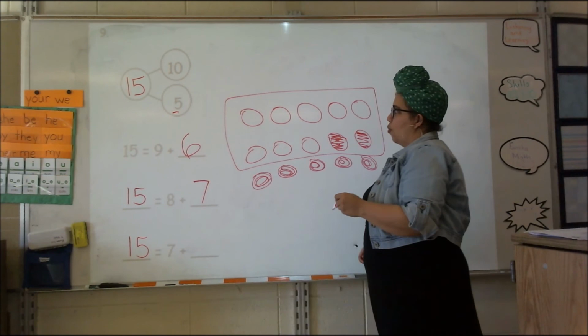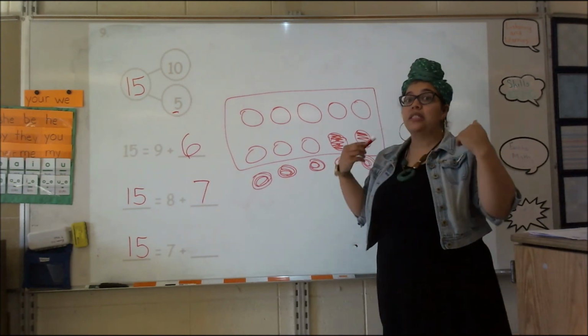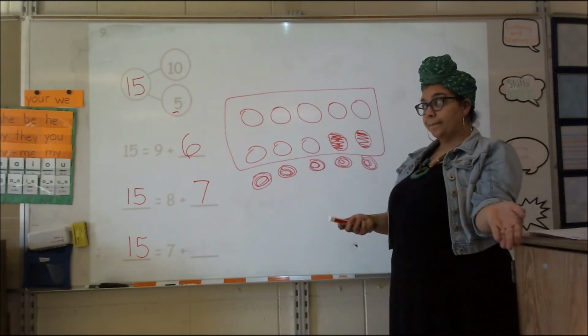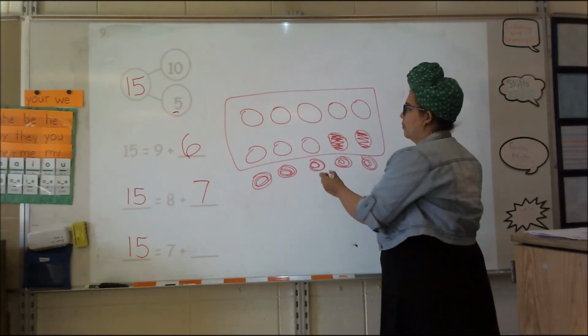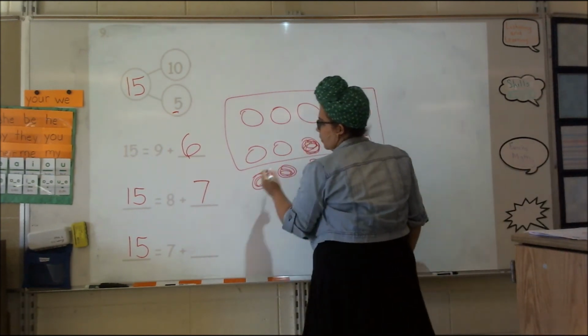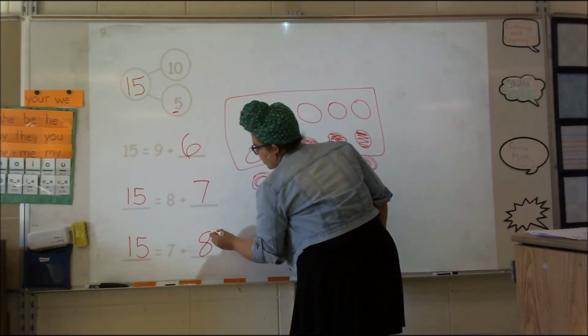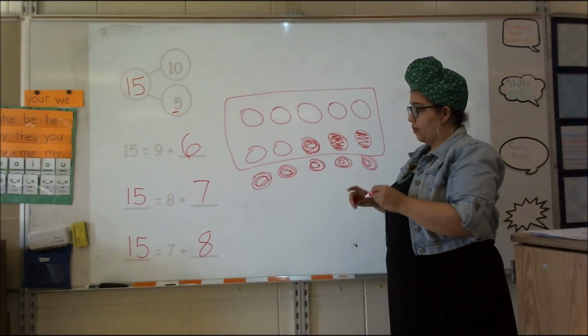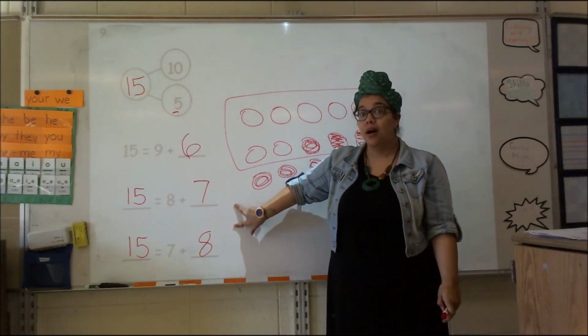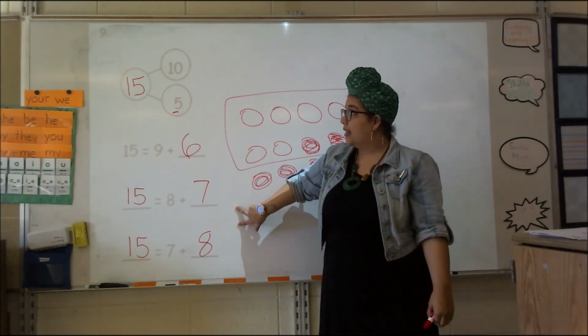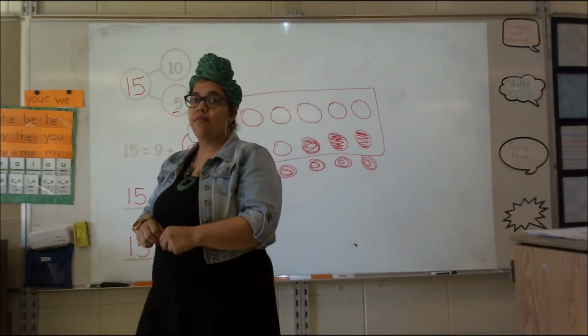7. Okay, one more. 15 is equal to 7 plus, well, I'm noticing a pattern. 5, 6, 7, 8. Because not only did I move one to the other pile, but these two come from the exact same number bond, all of which having that same whole of 15.